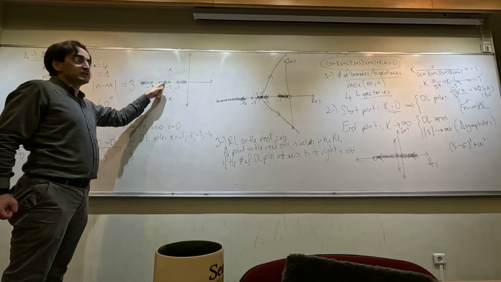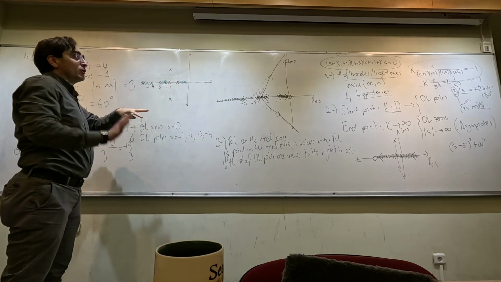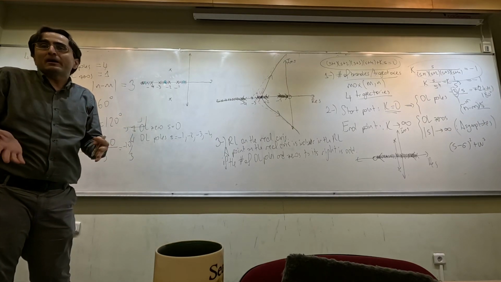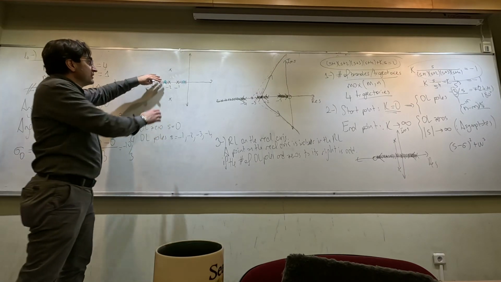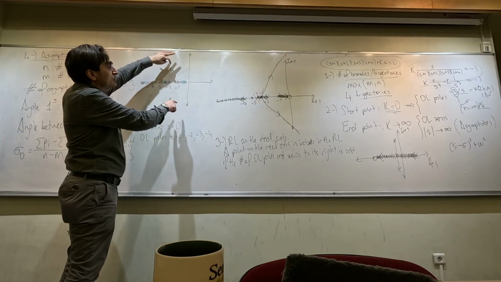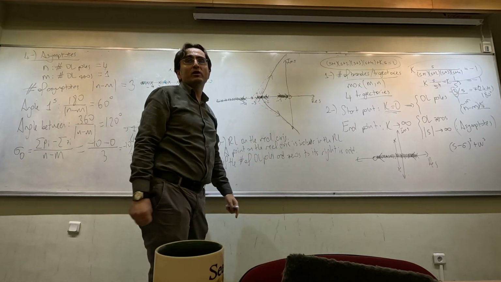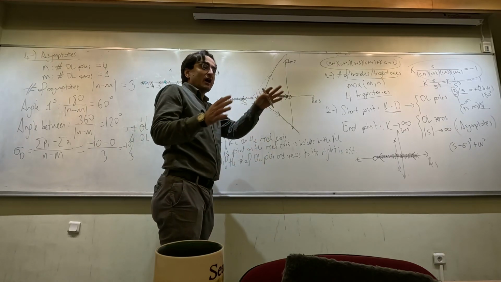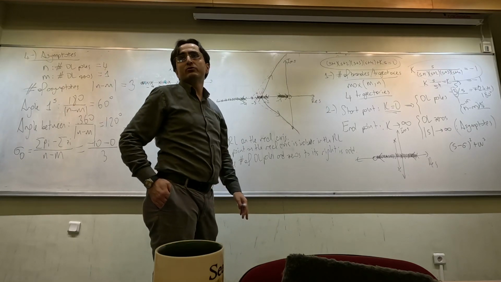If k is smaller than the k value at this location, then all closed loop poles, all four of them, will be real, meaning that the closed loop step response will not show any oscillations at all. But if I increase k above that value, there will always be two closed loop poles with non-zero imaginary parts, meaning that in that case, the step response of the closed loop system will start showing oscillations.